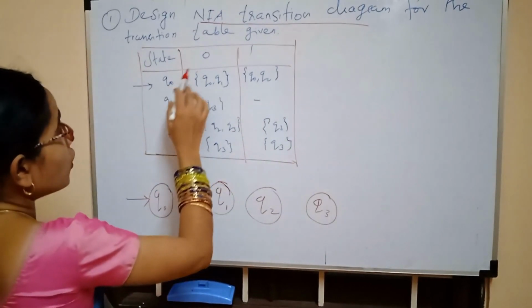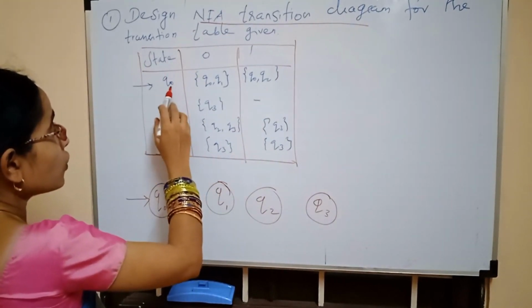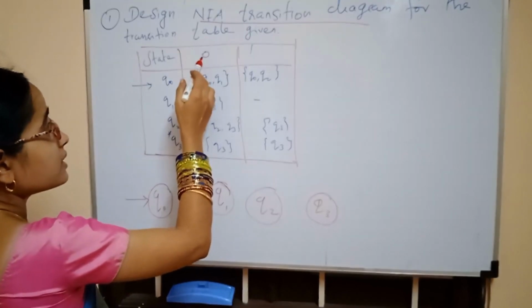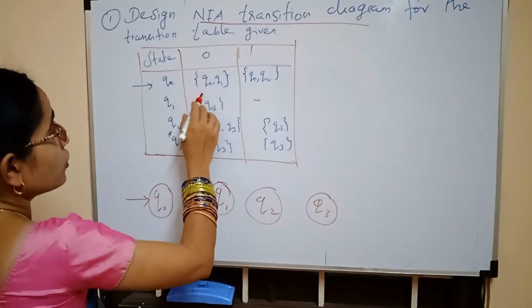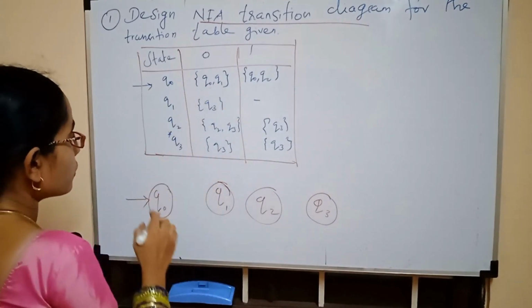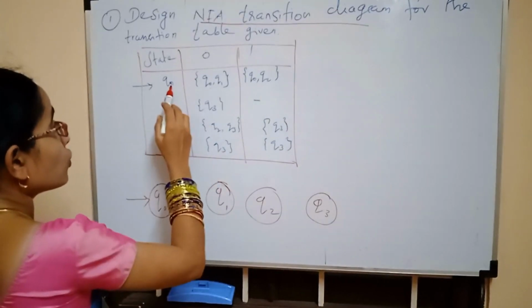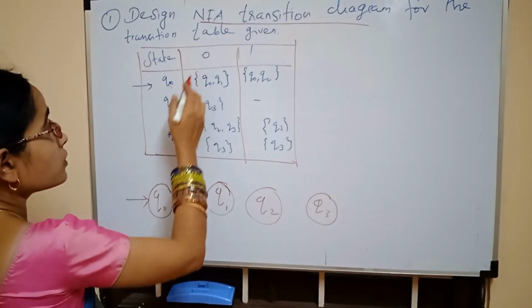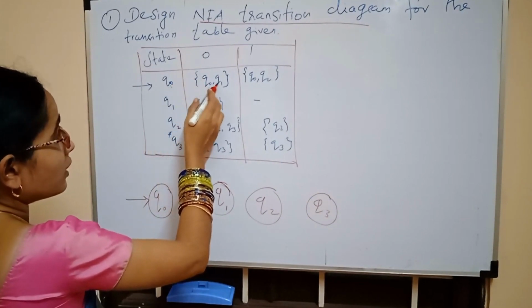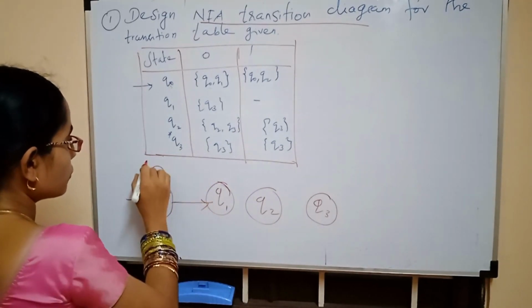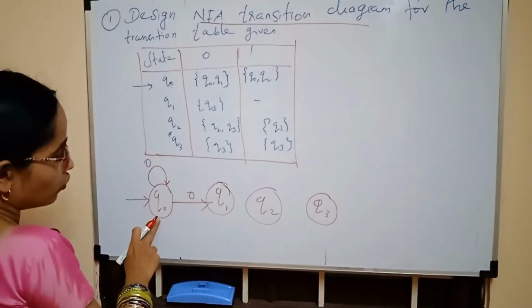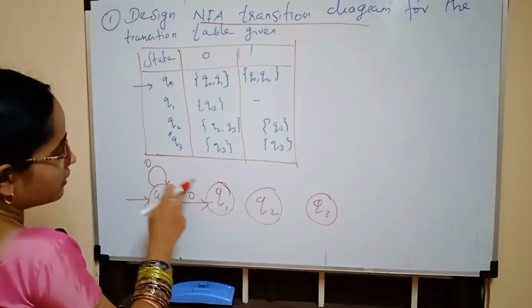First, being in state Q0, on seeing input symbol 0, it goes to Q0 as well as Q1. That means delta of Q0 comma 0 is Q0 as well as Q1.